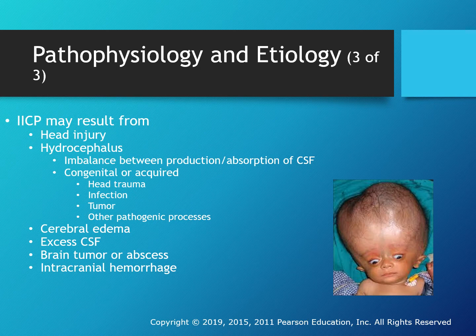Hydrocephalus may be congenital, so at birth, or acquired as a result of a head trauma, infection, tumor, or other pathogenic processes. Head trauma results from different causes throughout the lifespan. Abnormal cellular growth, such as intracranial tumors, whether they're benign or malignant, compete for the space in the cranial vault, and that causes the IICP to increase as well.